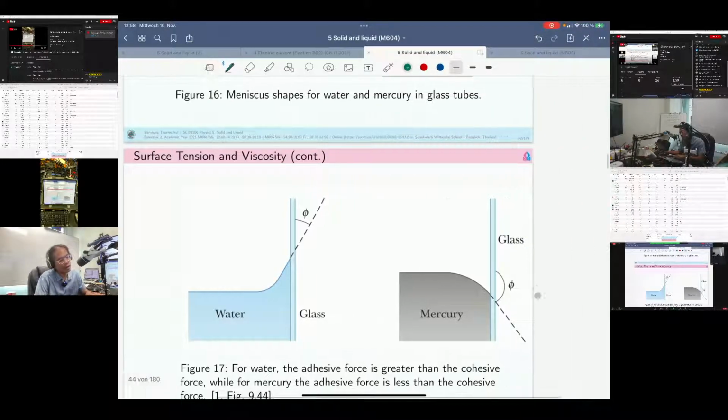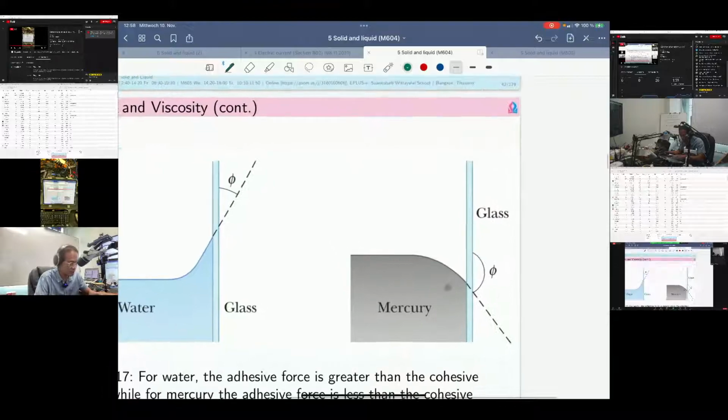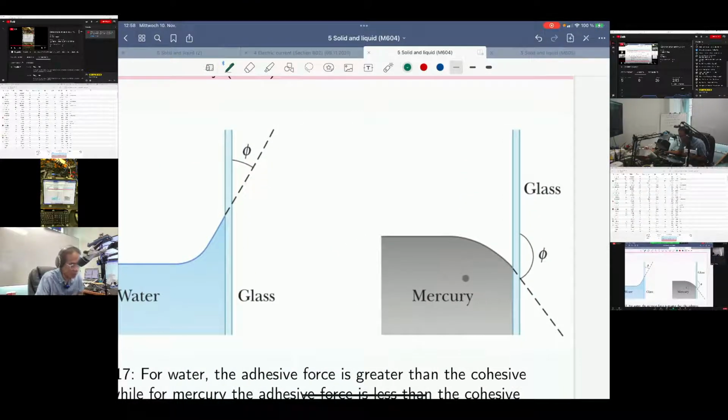And in this case, the cohesive force, the attractive force among several molecules of mercury, is stronger, so they try to stay together. They don't want to be attached to the glass. The adhesive force between glass and mercury is lower than the cohesive force among the molecules of the mercury. So that's why we see this effect.